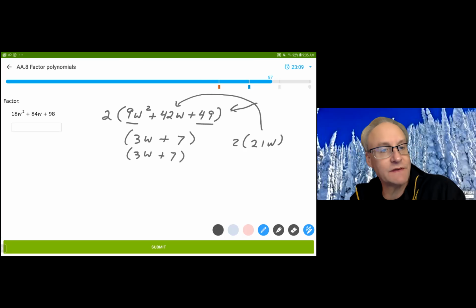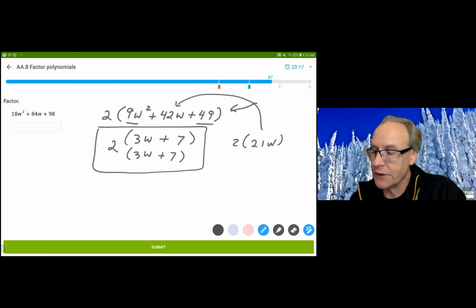Can you see I made a mistake? What is it? You need that 2. What's going to happen to you later on when we start doing these kinds of problems is you're going to forget about that leading number that you factored out. Because if this were equal to 0, the 2 would just divide out and we would ignore it.